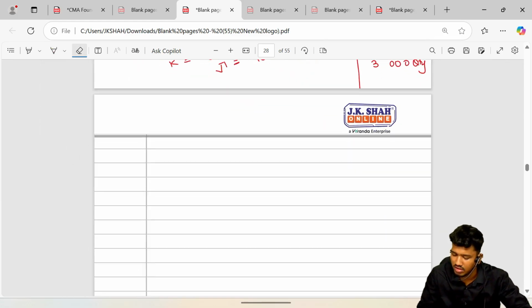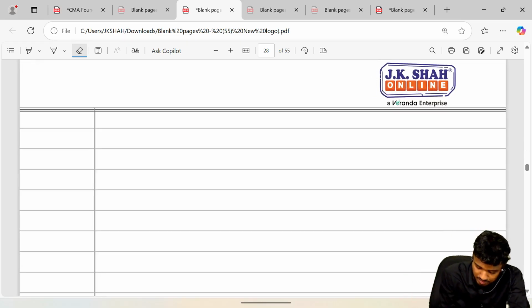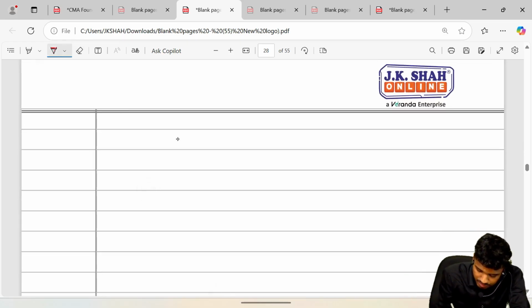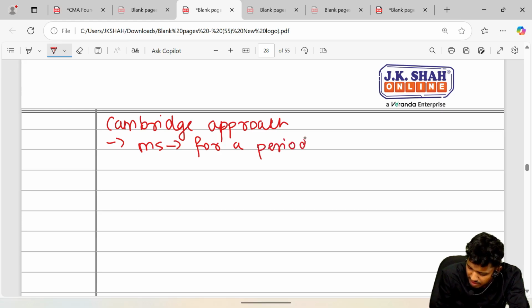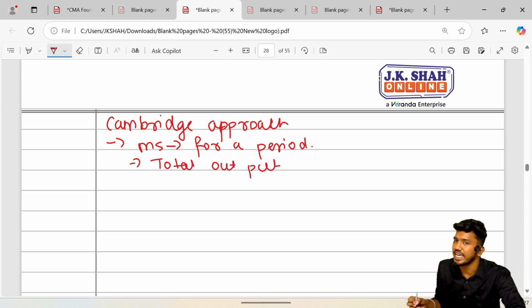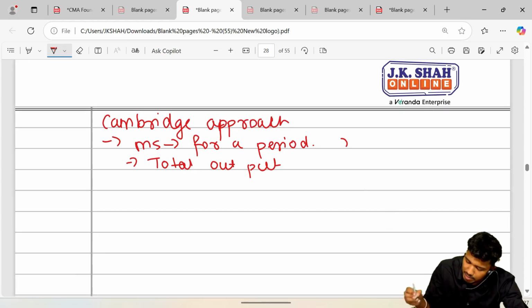So as per the Cambridge approach, he talks about money supply for a specific period and total output. So basically the total output we take into consideration if I count money supply for a specific period.